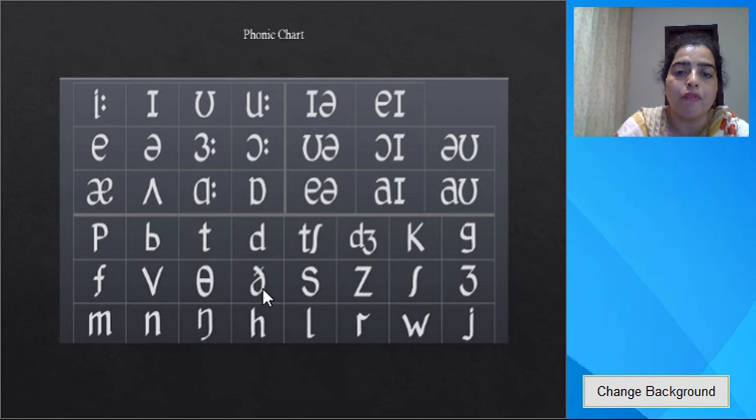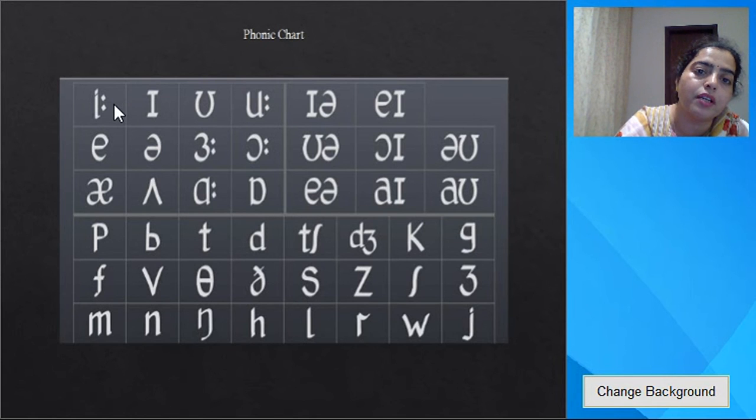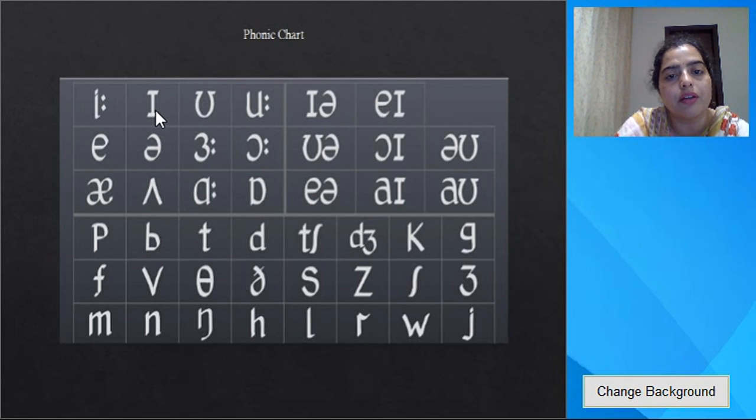That's why, first of all, you have to become familiar with these symbols: what each symbol represents and how it is pronounced.